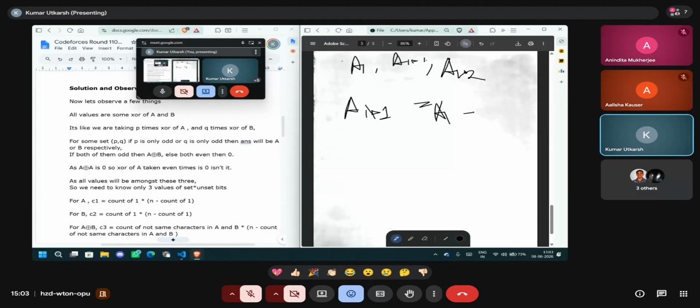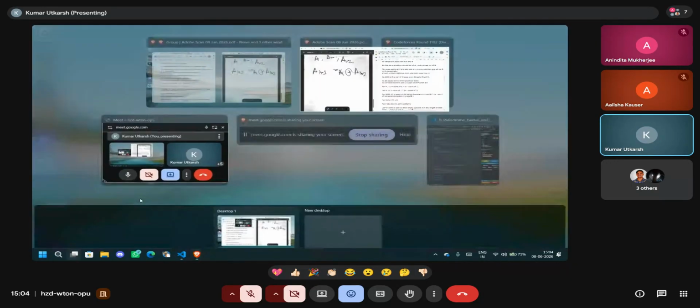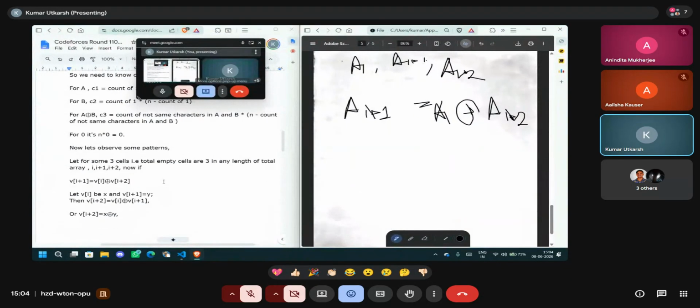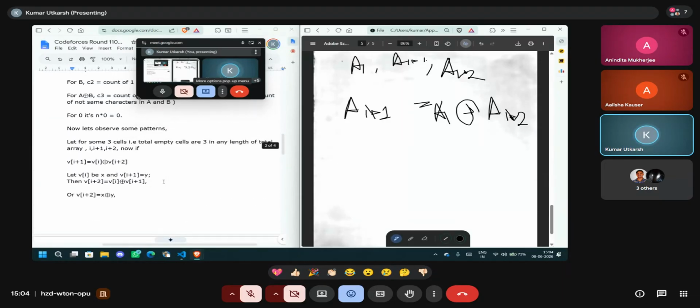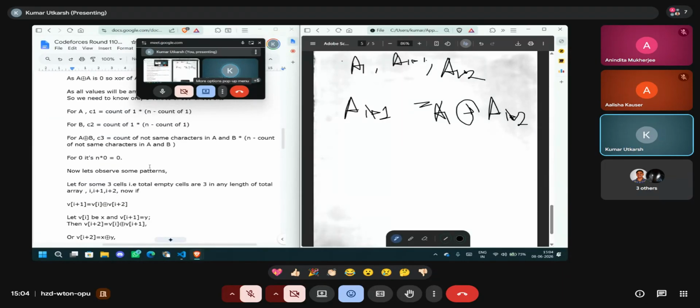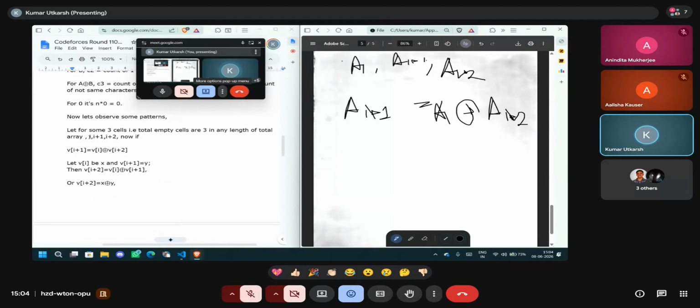A of I XOR A of I plus 2. I mean that we have these three values at these positions. So for V of I plus 1, that is A of I plus 1, we take the XOR of V of I and V of I plus 2, right?